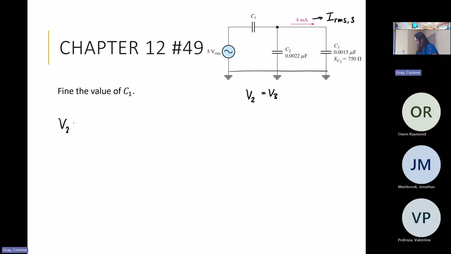Yep, so V2 equals V3, which would be equal to my current, my 4 milliamps, times my reactance value, 750 ohms, which is equal to 3 volts RMS.